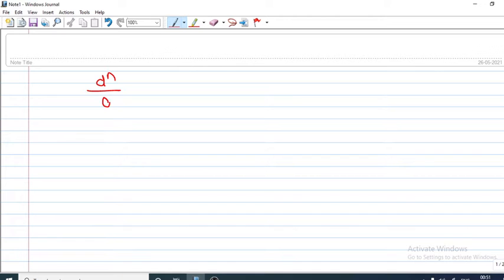I have already told you, when I was deriving all the standard formulas, that you have to remember them. So, the nth derivative of log of ax plus b is equal to minus 1 power n minus 1, and in all the places make m equal to 0.